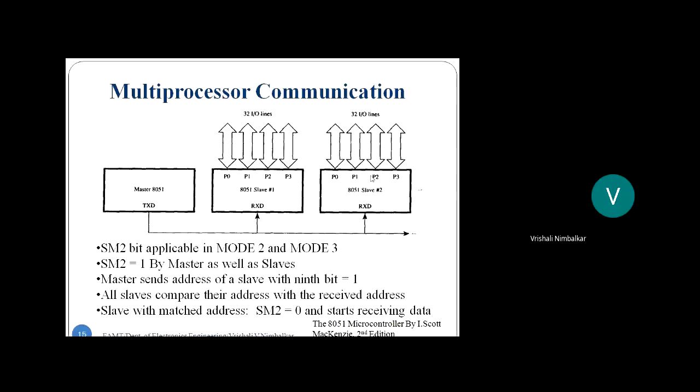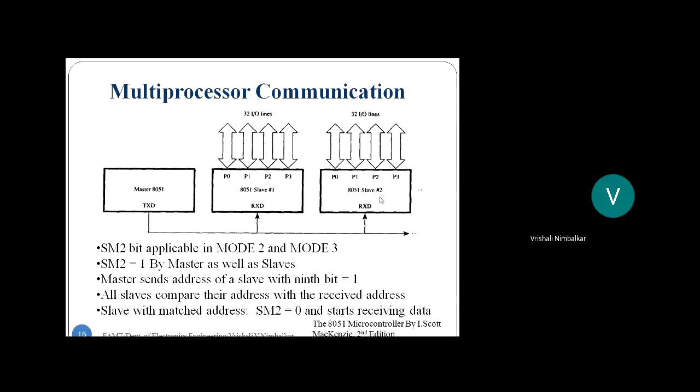Whichever slave's SM2 bit is 0 automatically starts receiving the data bits, whereas in the other slaves the SM2 bit is still 1, so they will ignore the data bits. Correct. So the slave whose address was matching, and whose SM2 bit is 0, will start receiving the data bits. And that's how the data transmission happens. So that is called multiprocessor communication.